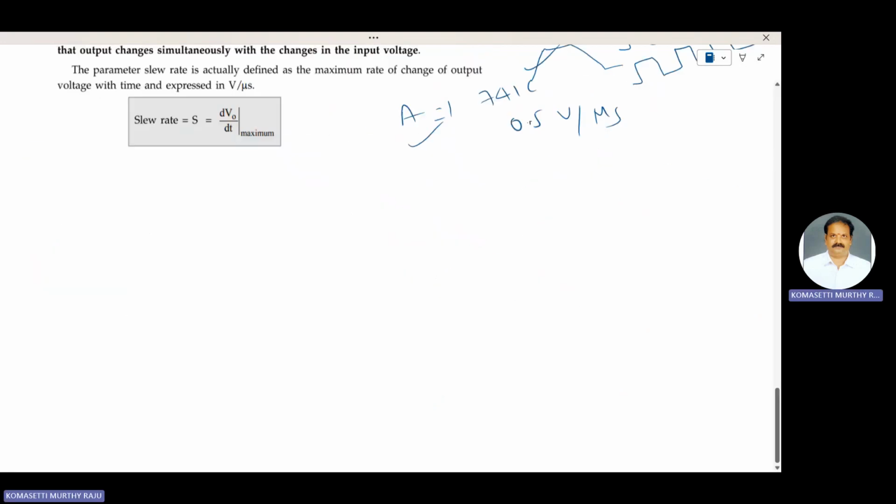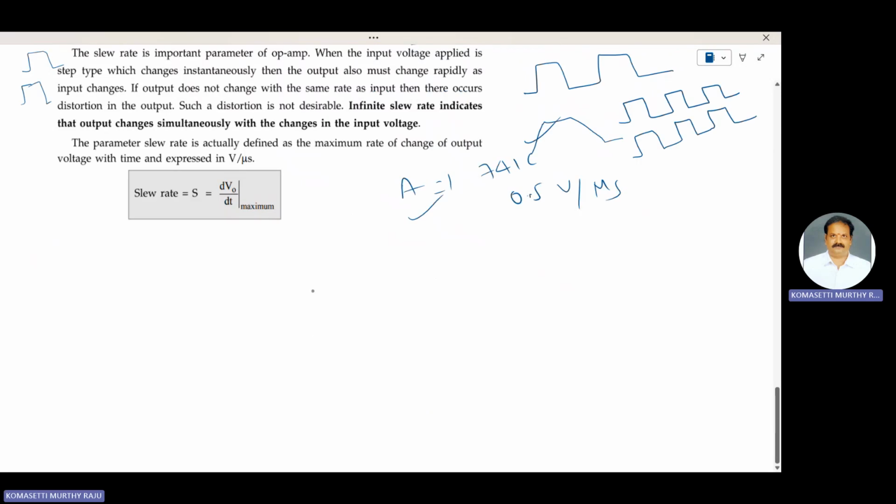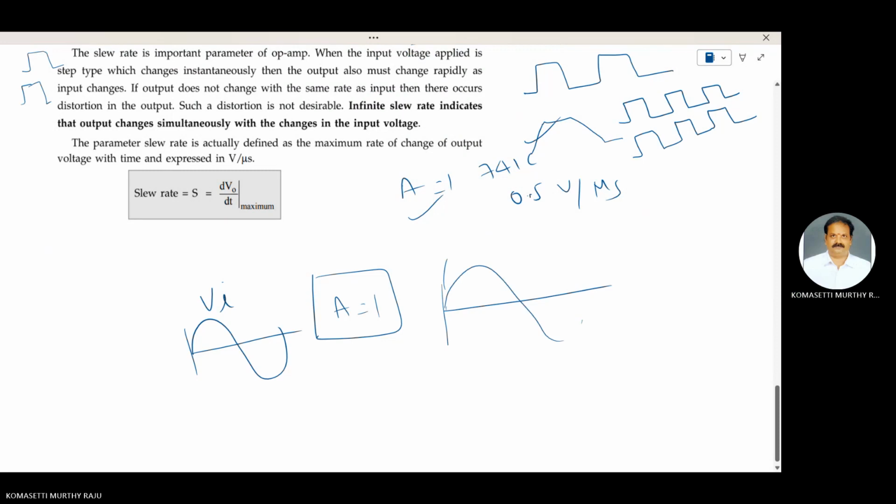Some slope is there. Suppose this is a unity gain op-amp, A is equal to 1, and a sine wave is applied here. The output waveform shapes are either a sine wave or a triangular wave. A triangular wave means some delta T is there, some delta V is there.